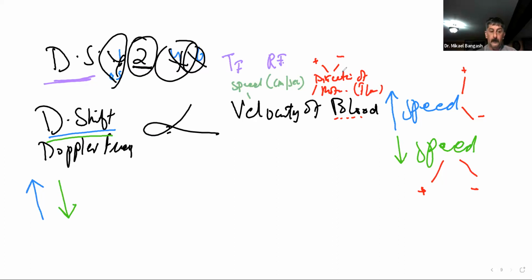Clear? So for a great Doppler shift, that will mainly mean that there was a great difference between the two frequencies that we used, which was the transmitted frequency and the reflected frequency.